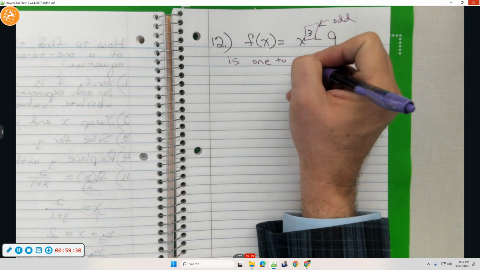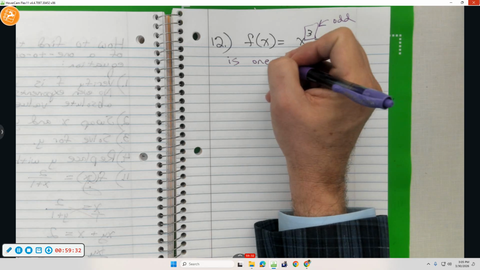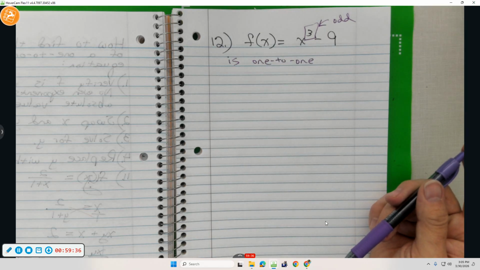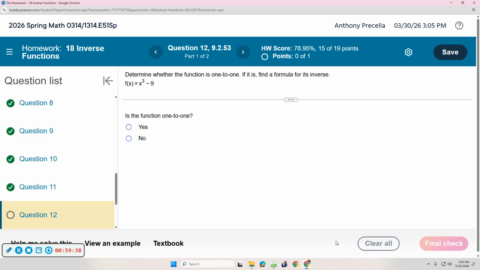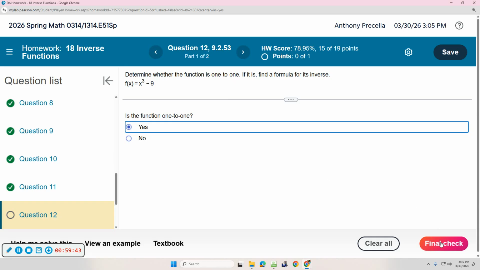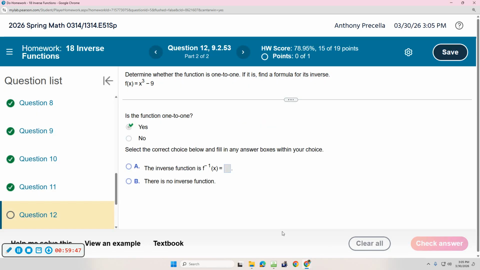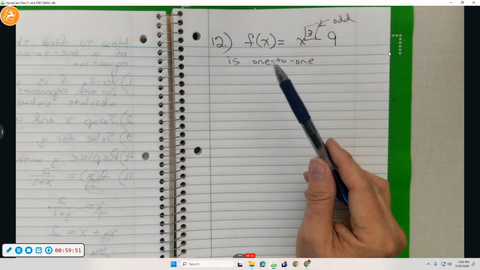Is it clear why we're saying it is one-to-one? It's not no exponents. It's no even exponents. Is it one-to-one? Yes. So we can find the inverse now.